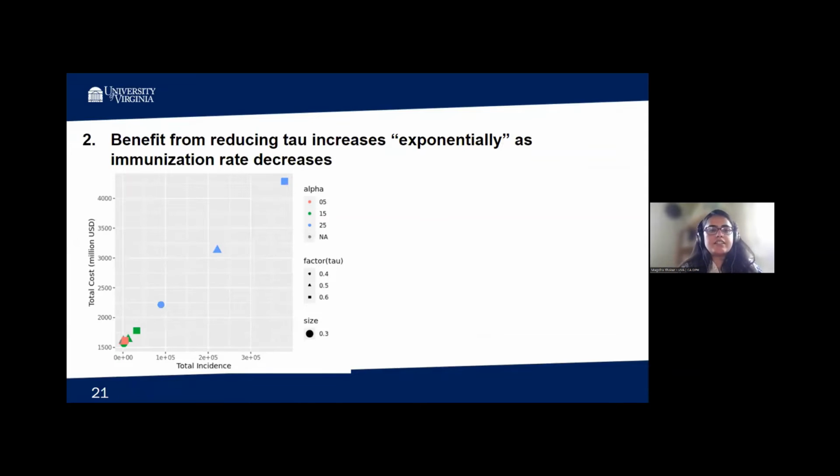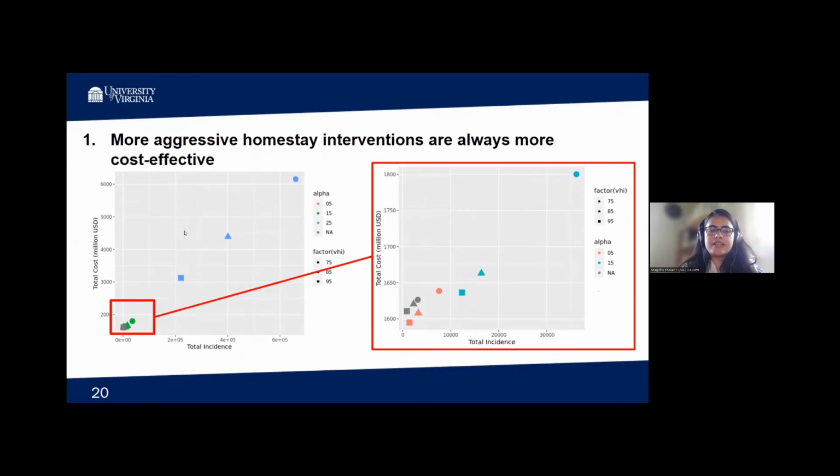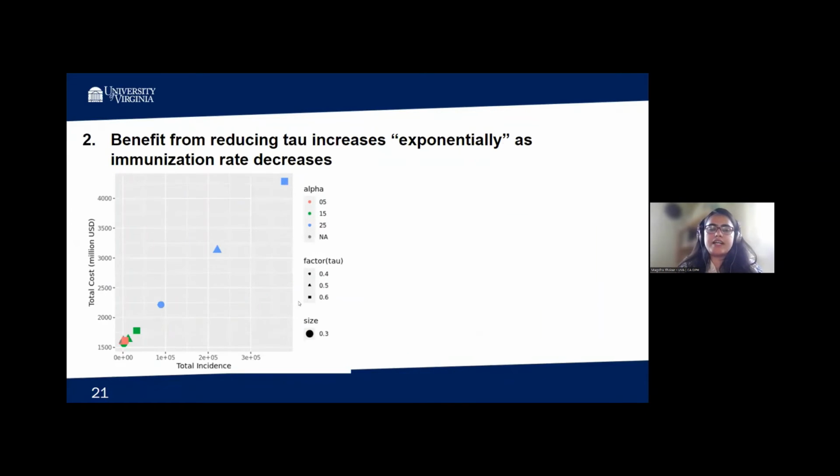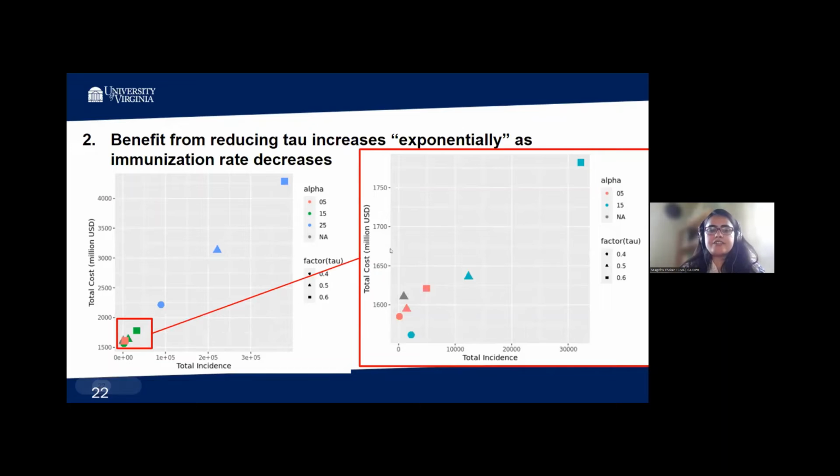Then the second part would be looking at, so we noticed that 95% compliance was great. What we're seeing here is that if the compliance was as high as it can get, then how does the transmission rate affect things? What we see is that the effect of tau really increases, or becomes really critical, as the alpha gets higher.